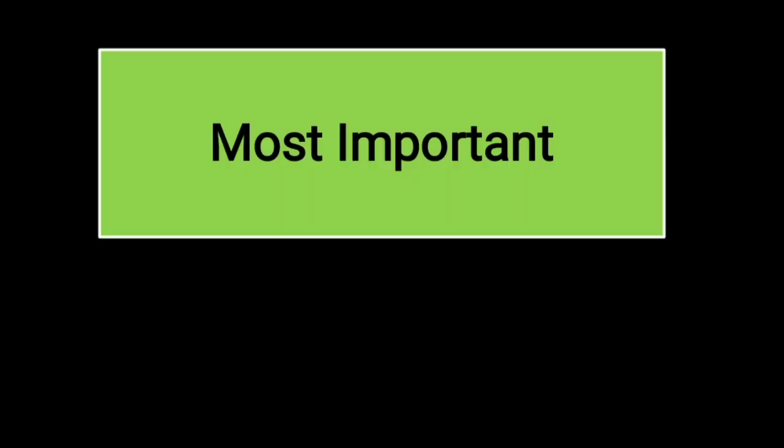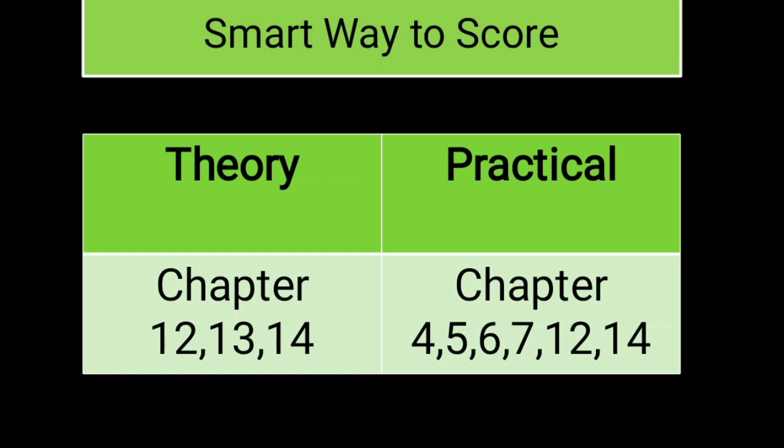Now something most important we are going to discuss. As we have seen, we have question number 1, that is objectives. Objectives will be based on the entire unit. But in case of question number 2, we are not going to solve a theory. We will go for the practical, and for the practical we have these 6 chapters. This is for question number 2, 3, 4.